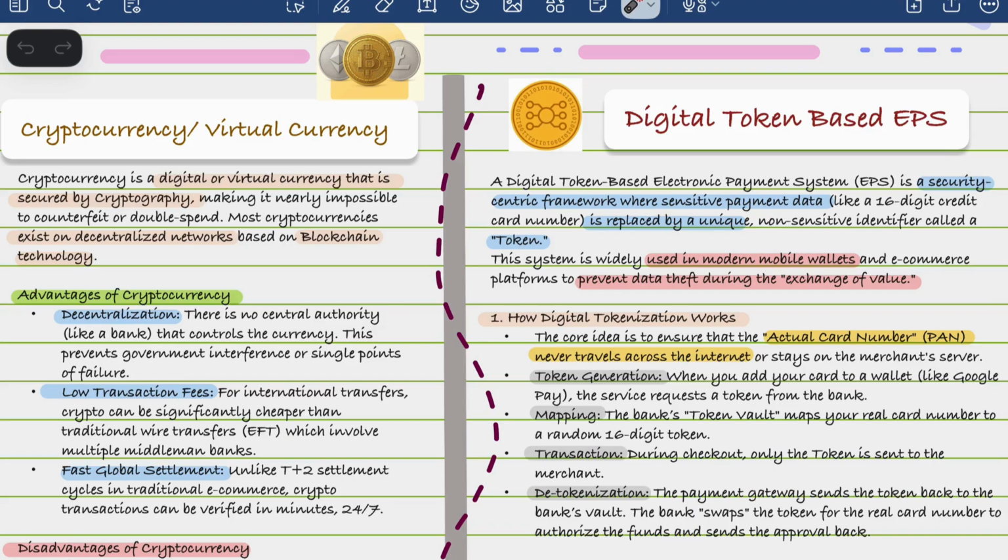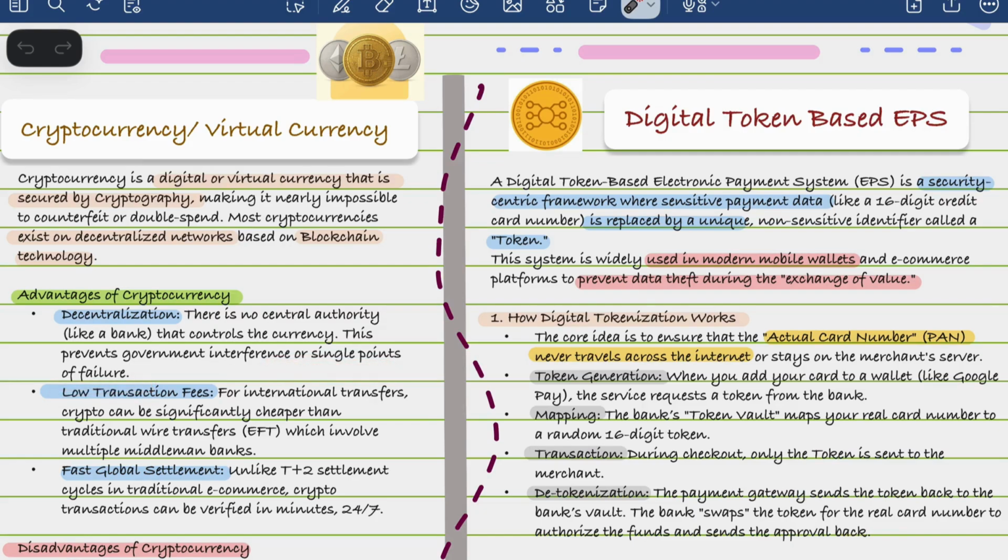So let's discuss the advantages of cryptocurrency. First, it uses a decentralized network. That means it operates without any central authority. There is no bank. It eliminates single points of network failure and protects the system from any failure, right?